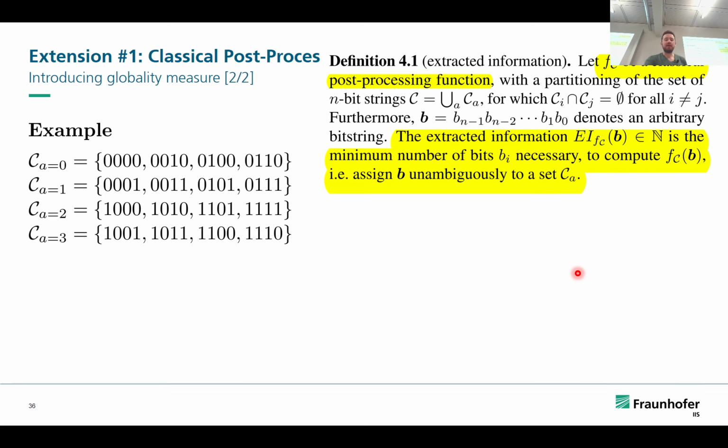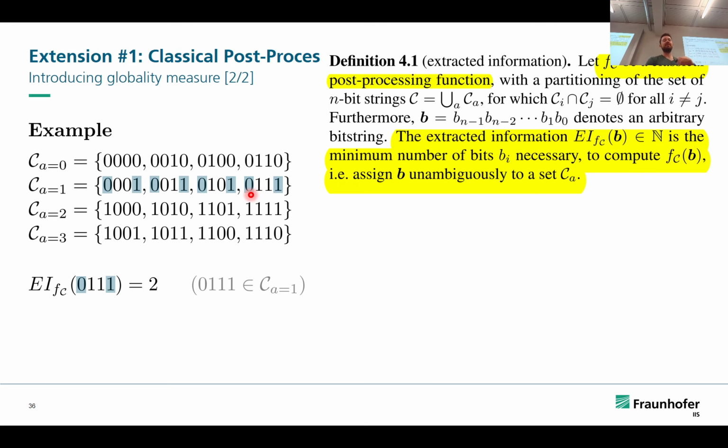This should describe how many bits on average we need to distinguish between the different actions. Here is a simple example. Those are the action-associated sets we want to have. Overall we have 2 to the power 4, so 16 basis states, and 4 actions, so in each class we want 4 basis states.